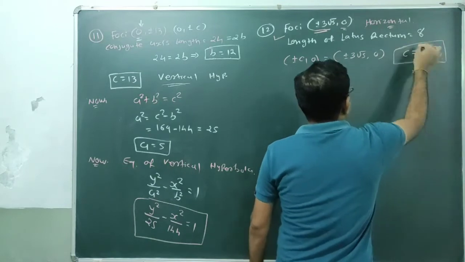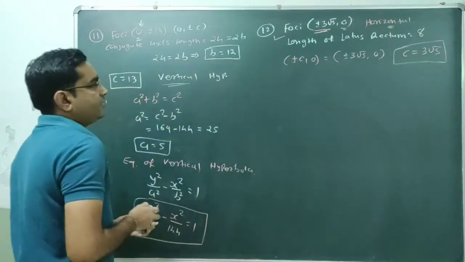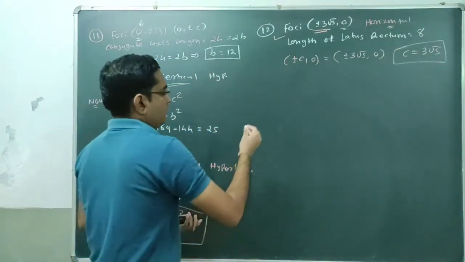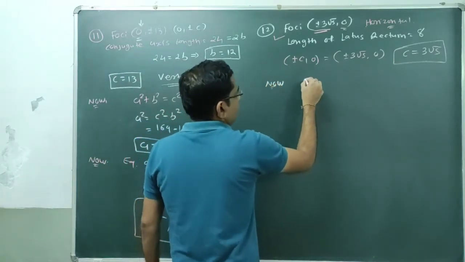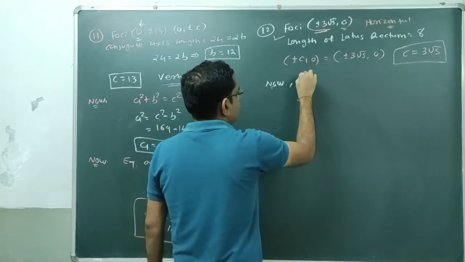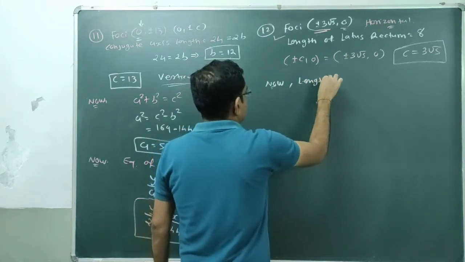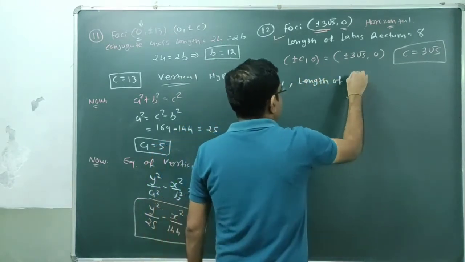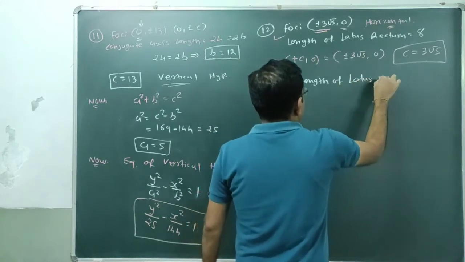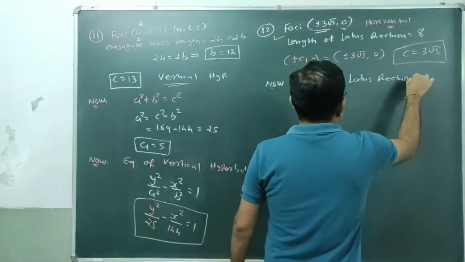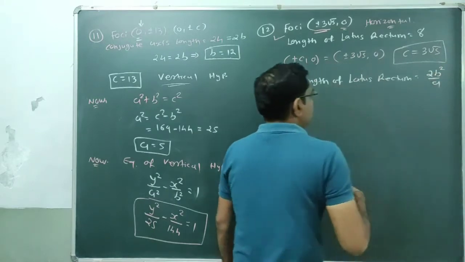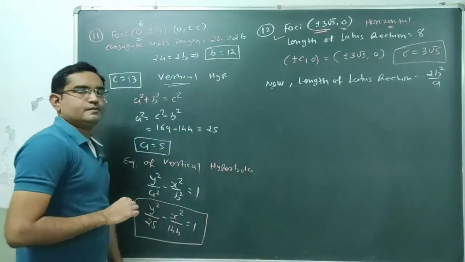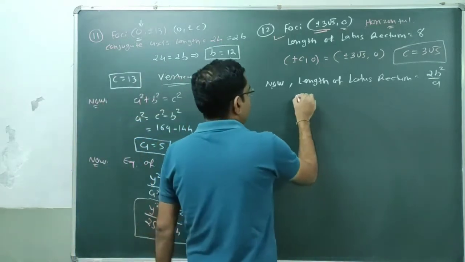We got c, but the latus rectum is given. So what is the length of the latus rectum? The length of the latus rectum is given by the formula 2b square by a, and that length is given as 8.